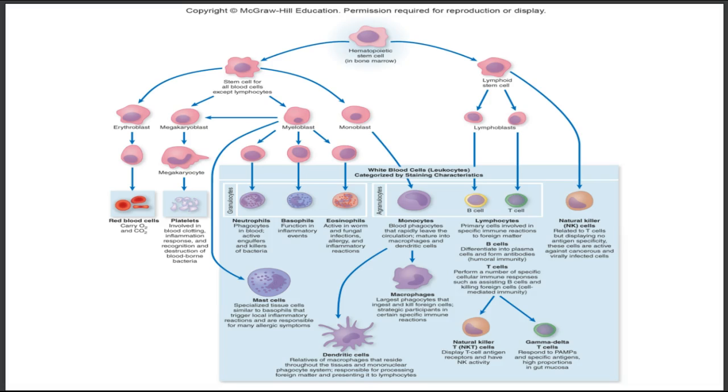This diagram is from your text. This illustrates the development of each of the white blood cells as they mature from stem cells in bone marrow. So you can see at the top of the diagram, we have a hematopoietic stem cell.